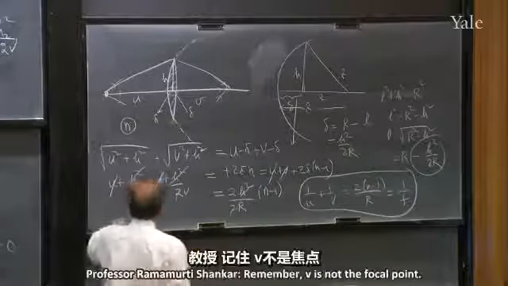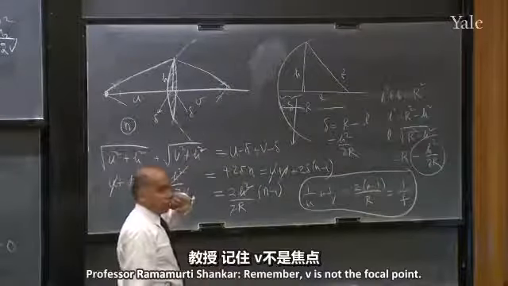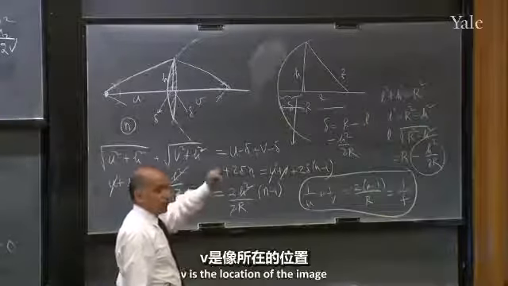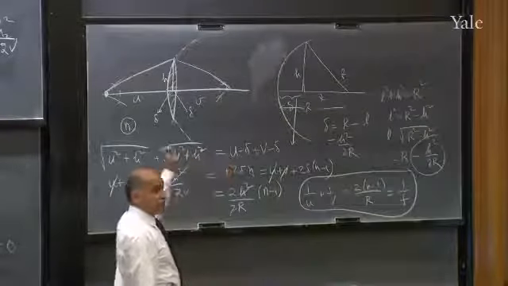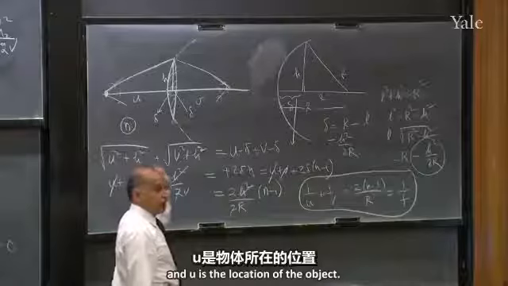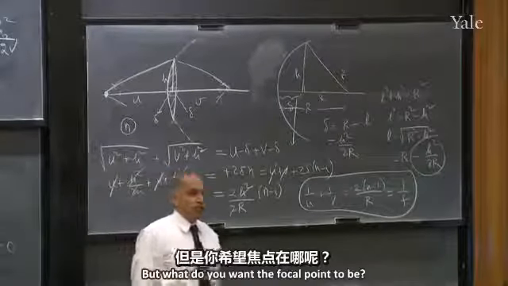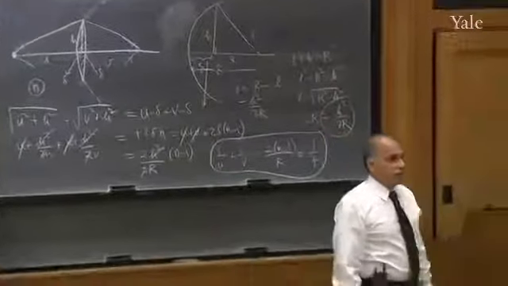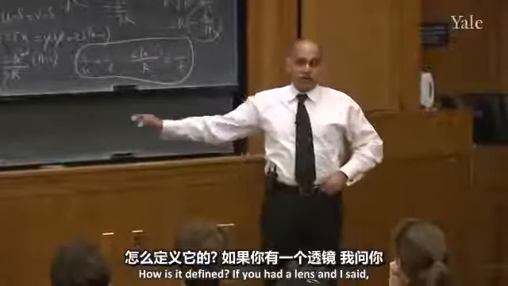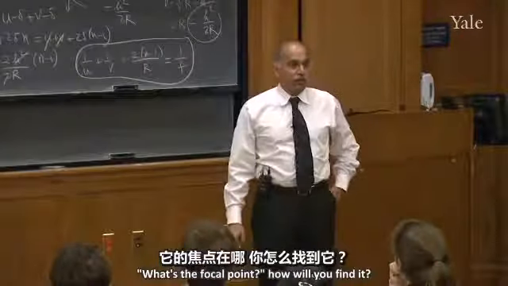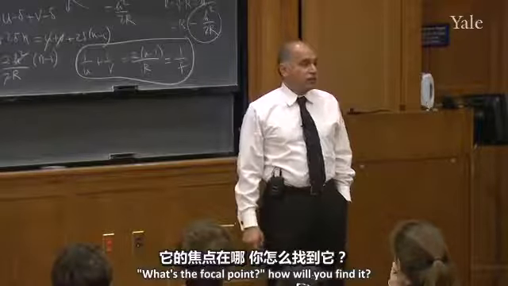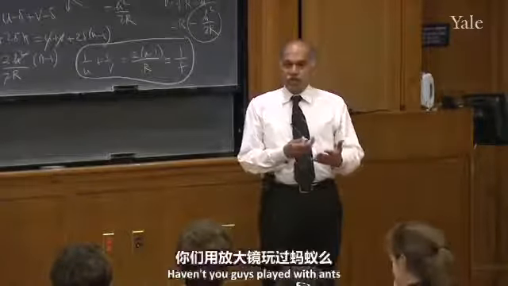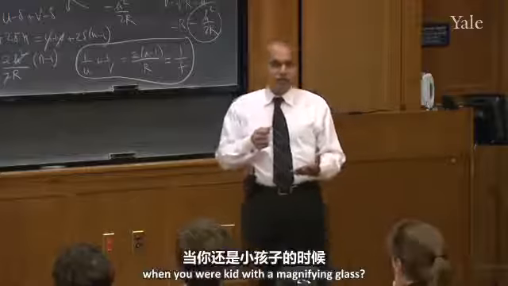Remember, v is not the focal point. v is the location of the image, and u is the location of the object. But what do you want the focal point to be? What's the definition of the focal point? How is it defined? If you had a lens and I said, what's the focal point, how will you find it? Haven't you guys played with ants when you were kids with a magnifying glass? Come on, what's the focal point?